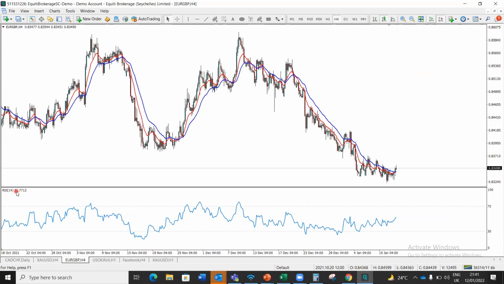If the RSI value is above 50, it means that the sentiment of the market is bullish. So we can use other methods to find a bullish opportunity. And if the value of the RSI is below 50, we can say that the market is in a bearish sentiment, a bearish dominance.